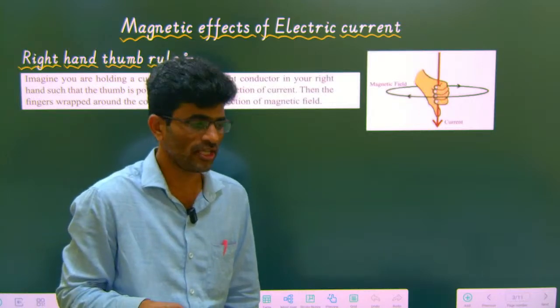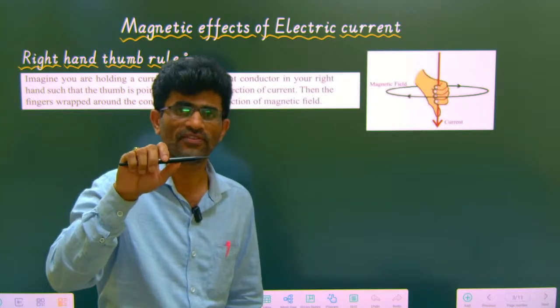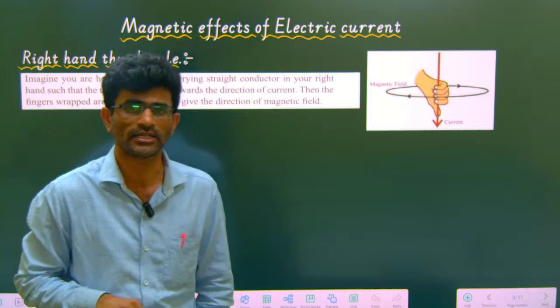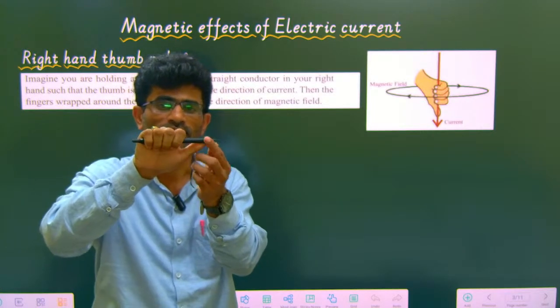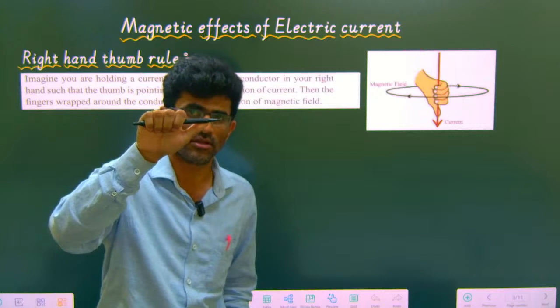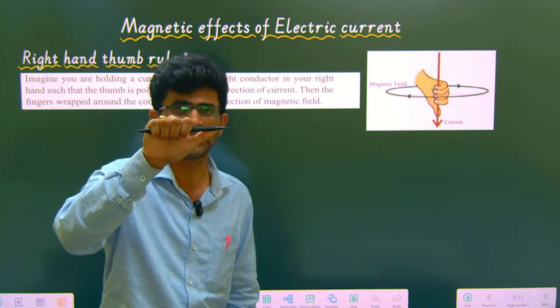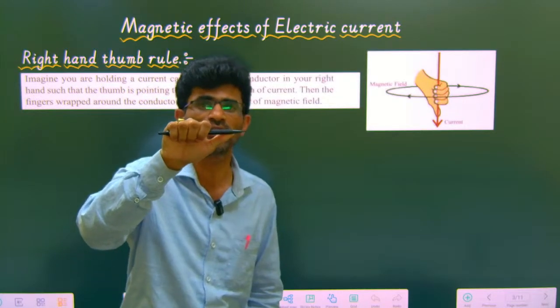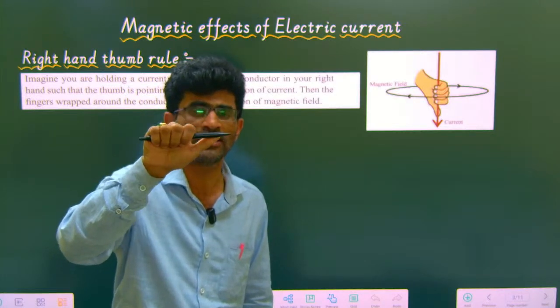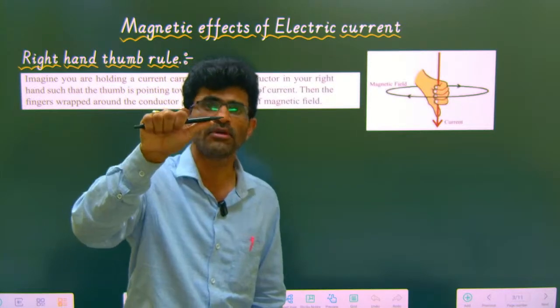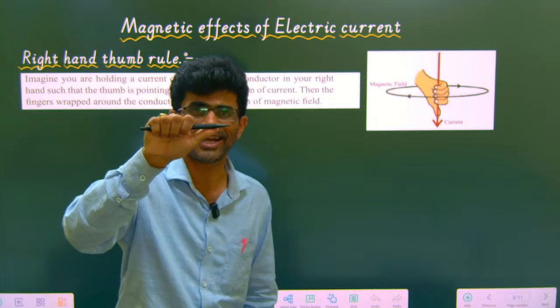For example, if you hold a current carrying conductor in your hand, hope you can see my hand, in your right hand, you have to hold the current carrying conductor in such a way that the thumb points in the current direction.